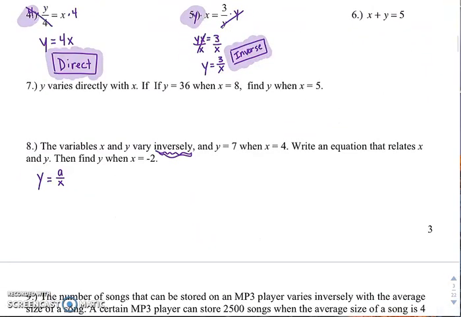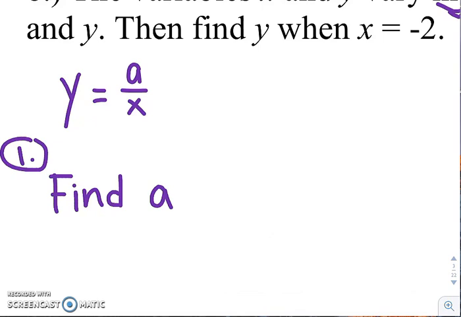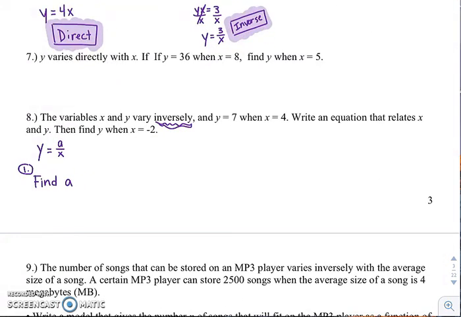So what we have to do is write an equation that relates x and y and find y when x equals negative 2. So the first thing you need to do is find your constant. You need to find a first using y is 7 and x is 4.